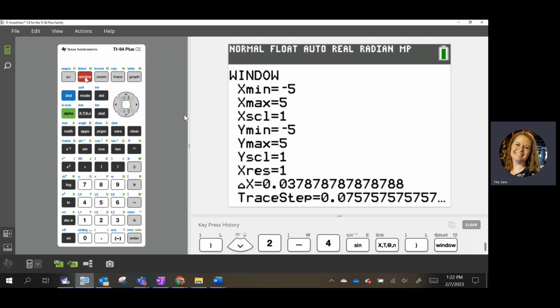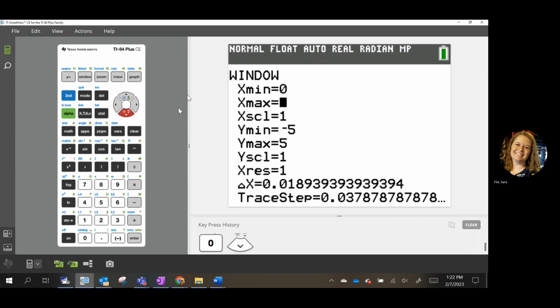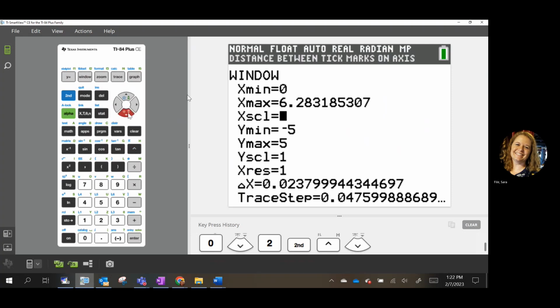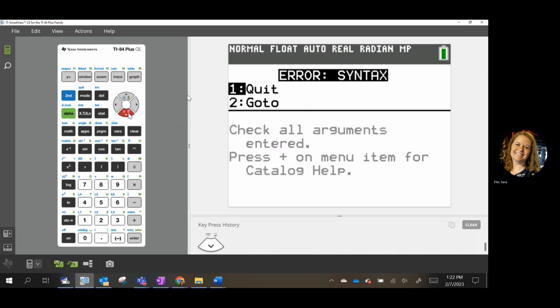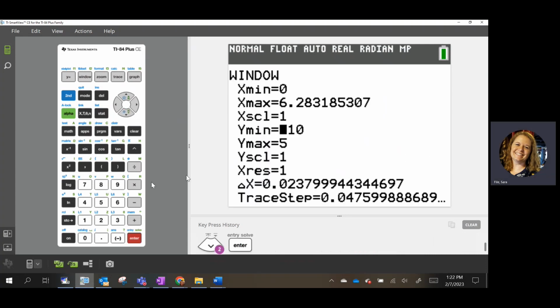So my x minimum and maximum, that's what I want to be 0 to 2 pi. Okay, and then my y, we can do -10 to +10. That's fine. Oh, use the negative button there. There we go.